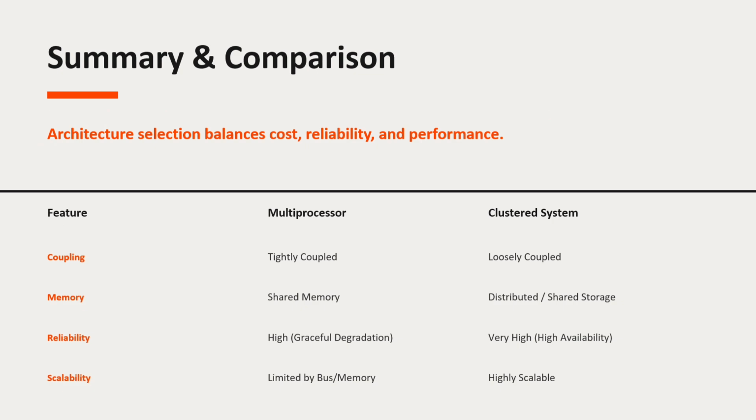For reliability, multiprocessor systems offer high reliability with graceful degradation, and clustered systems offer very high availability. And for scalability, multiprocessor systems are limited by bus or memory, and cluster systems are highly scalable. So the choice of architecture depends on cost, performance and reliability requirements.